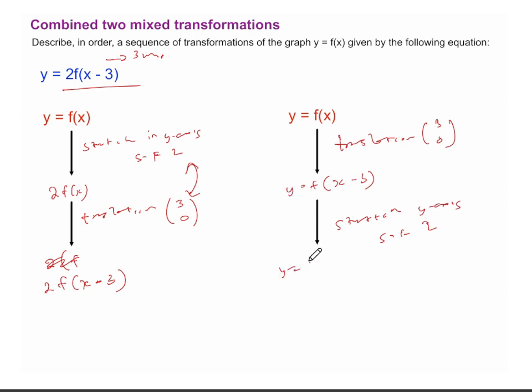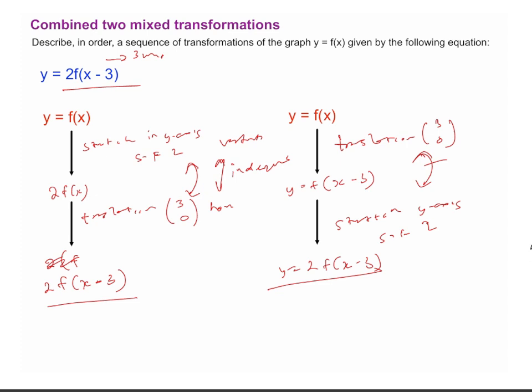So we have y equals 2f(x minus 3). And here, there was no difference in the final answer if we just switch the order around. Why does that happen? It's because the first one is a vertical transformation and the second one is a horizontal transformation. So they are independent of each other. Because they're independent, it doesn't matter what you do first or what you do second.